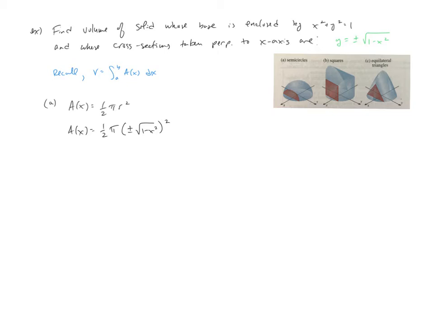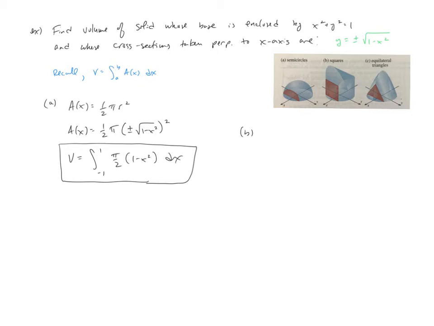It happens to be squared, and so our volume would now be the integral from -1 to 1, remember it's the unit circle, of pi over 2 times 1 minus x squared dx. So this would be our setup now using semicircles instead of full circles like we have in the past.